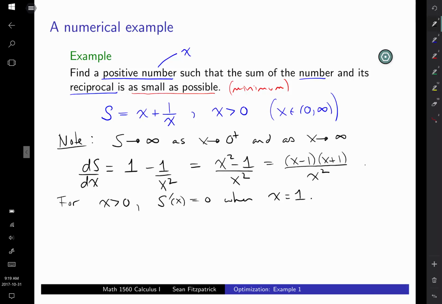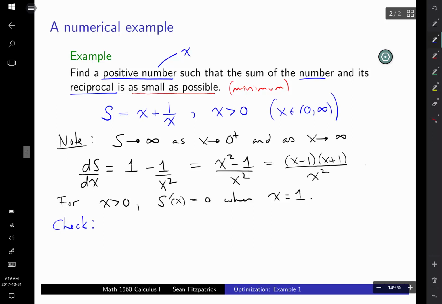Okay, and one of the things that we should do, because we don't have a closed interval, because we're not guaranteed a minimum, we should make sure that this critical number really is a minimum. Okay, so let's check.